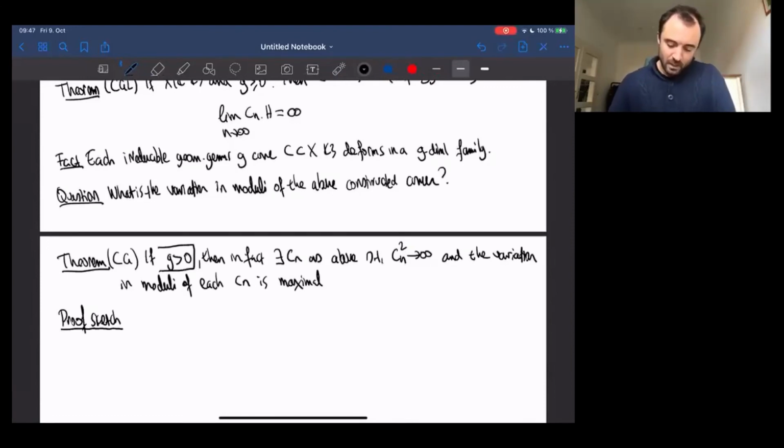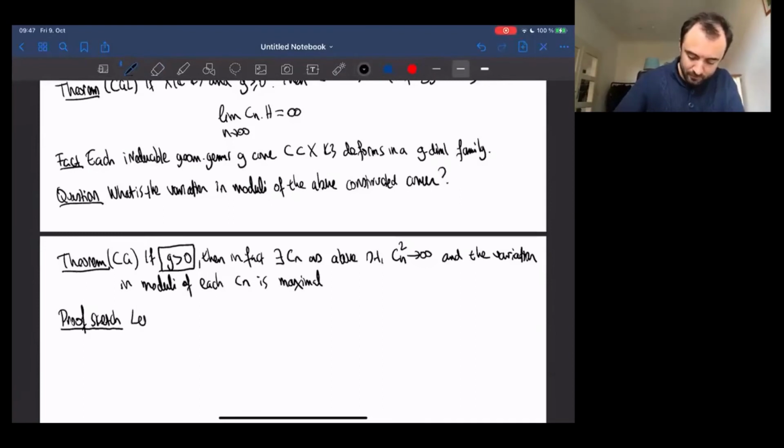Okay. So assuming, nevertheless, that a K3 has infinitely many rational curves, which was proven by the theorem above, we will now use these rational curves to construct higher genus curves whose arithmetic genus goes to infinity and which have maximal variation in moduli.